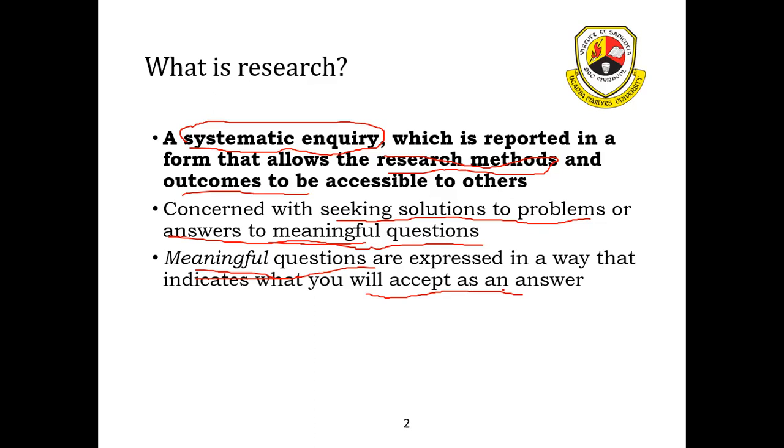So take an example. If, let us say, I have a problem, maybe let's put it in the simplest terms possible. If I feel sick, I need to feel better. What will I do? First of all, I'll need to seek out a professional, a medical doctor.